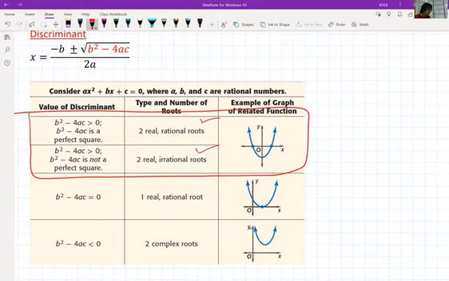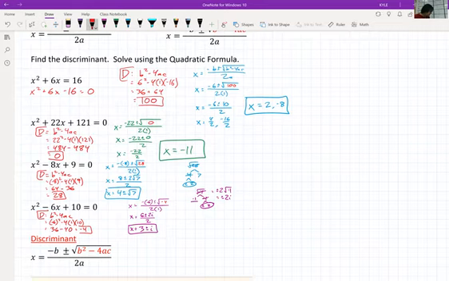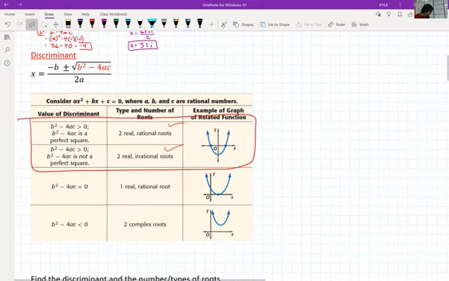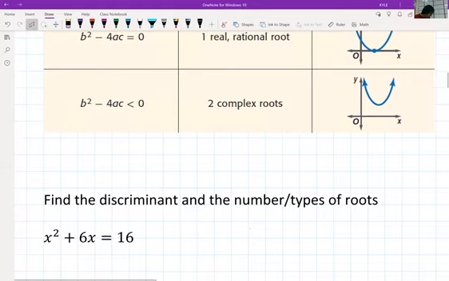Sometimes, if it's not a perfect square, we'll get 2 real but irrational roots, meaning they're not nice whole numbers, their decimals go on forever and can't really be simplified. So we saw a couple of those situations up here. The first and third problems, the discriminants were 100 and 28 respectively. So again, on this first problem, same problem from above, you don't need to write it down again necessarily, but the discriminant was 100.